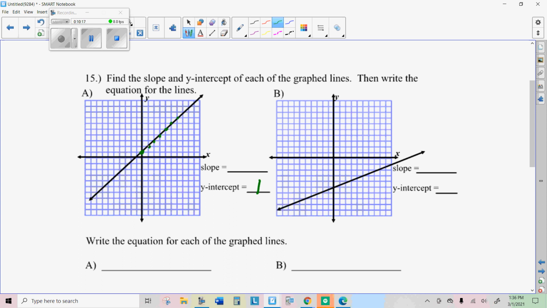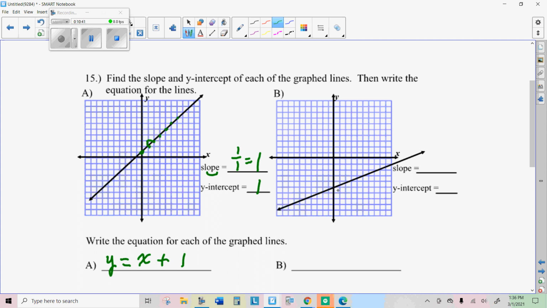So you can just draw in a little step there to get your rise and your run, but it's 1 over 1, which we're going to write as 1. Then when we write the equation, it'll be y equals the slope, 1 times x, and whenever it's 1 times x, I don't write the 1, plus the y-intercept.